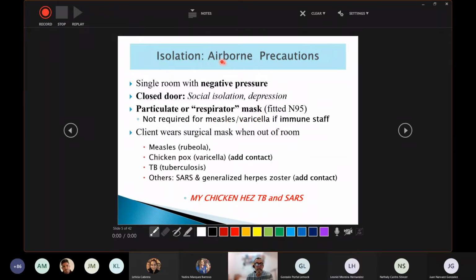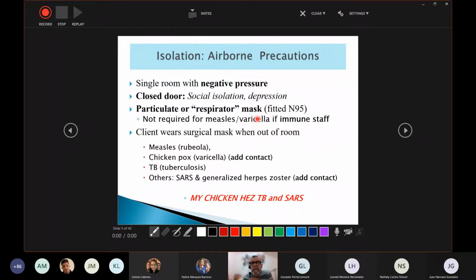Measles and varicella are airborne, but people that suffered measles or varicella, or are well vaccinated against them, and have demonstrated immunity. How do you demonstrate immunity? You draw the blood of the person and check how many antibodies they have, and they calculate titers, the concentration of the antibodies. Usually they call that the titers.